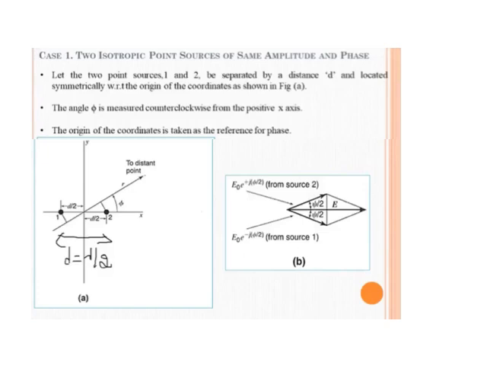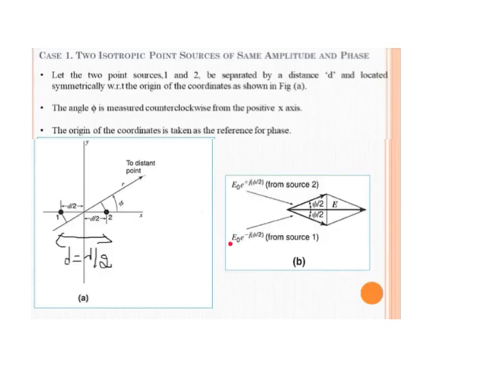And this is a case in which both the point sources have the same amplitude and phase. Since they have the same amplitude and phase, when we consider the distant point from each point source, from point 1 and point 2, as you can see here, point 2 is nearer to the distant point compared to point 1. So point source 1 has a retardation with respect to point 2.